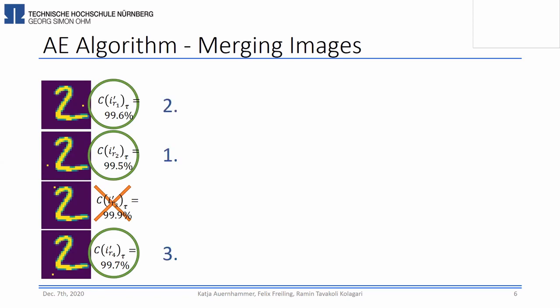This means that the second image or second candidate is now the first image that is to be merged into our adversary example, and so on. The third candidate that contributed to the probability such that it is increased will be skipped, as I mentioned earlier.